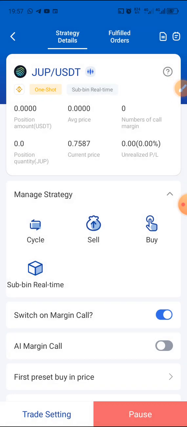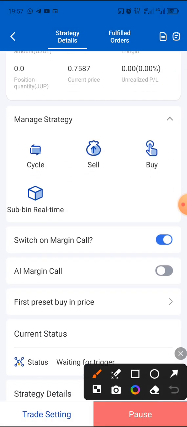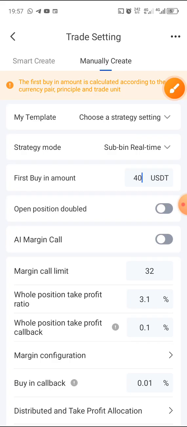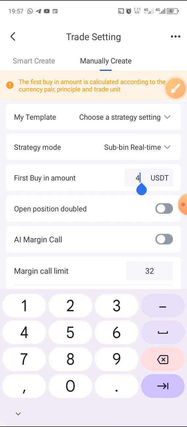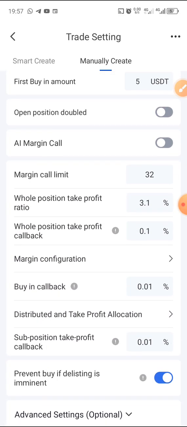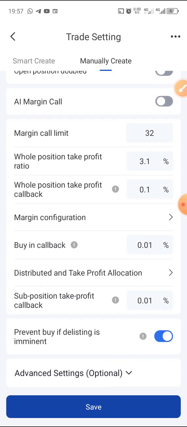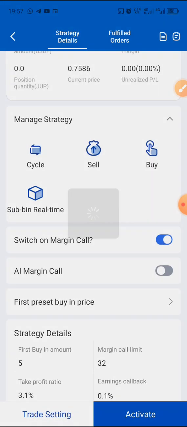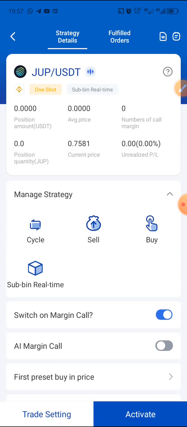So the robot will buy immediately. Come here on trade settings. Change from your 40 and put 5. Remember, we want our robot to be buying with $5 on every margin call. After there, it will be done.